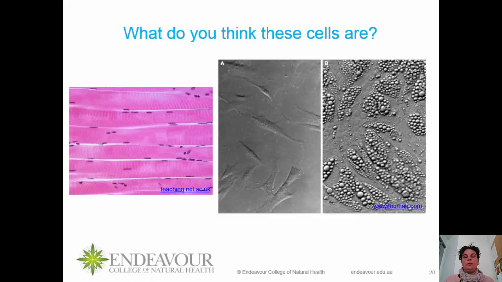They're called fibroblasts, and we will come back to these fibroblasts in a couple of sessions' time. These fibroblasts are incredible because they're able to differentiate themselves into different cells. And one of the cells that they're able to differentiate into is something called an adipocyte, which is what you see in B. So this cell here, for example, this is one cell.